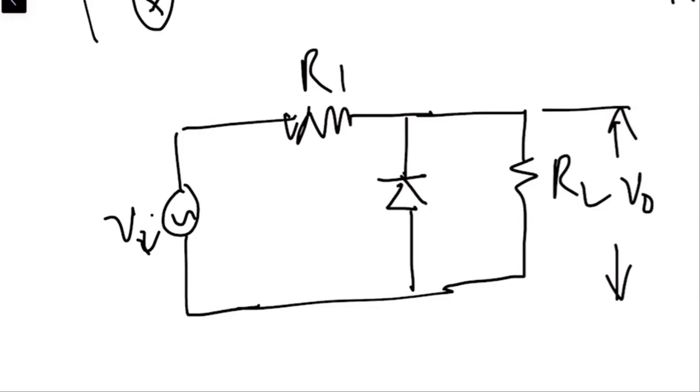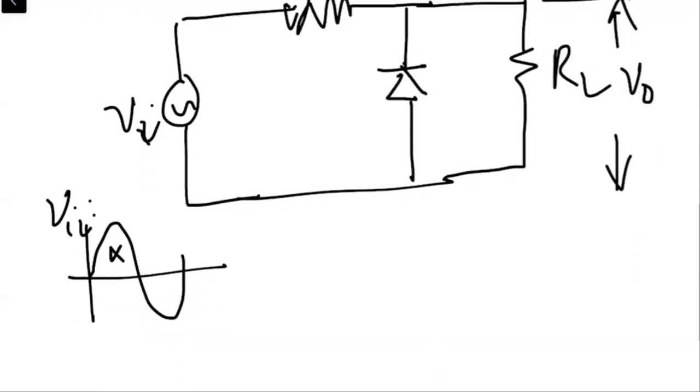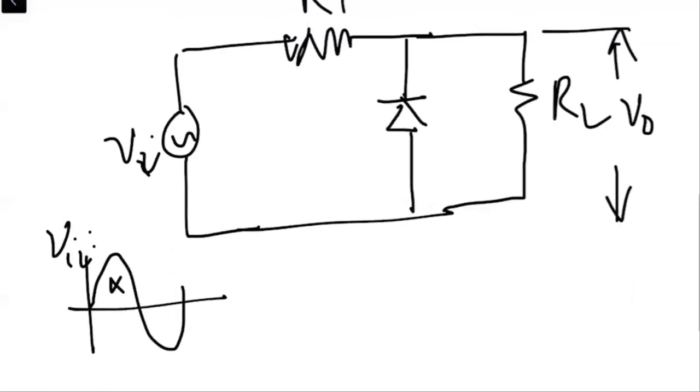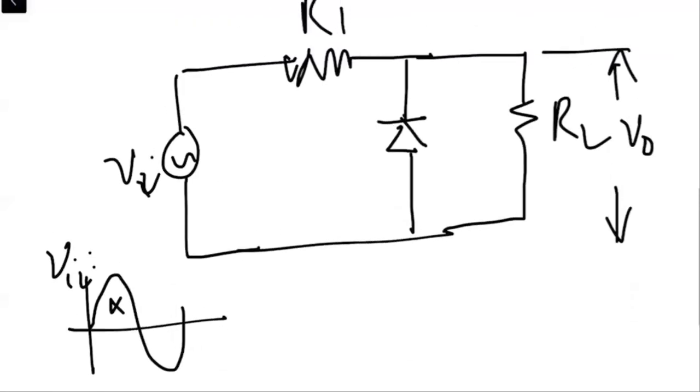Now what will happen? Again, when the positive half cycle comes, we have Vi over here. This side is positive, this side is negative.